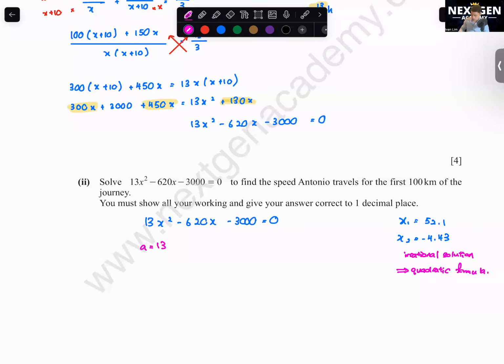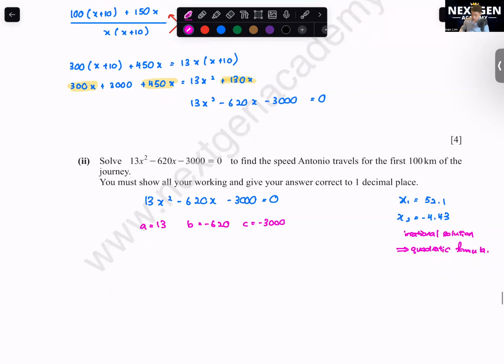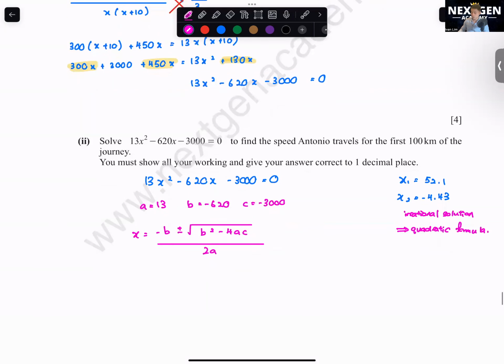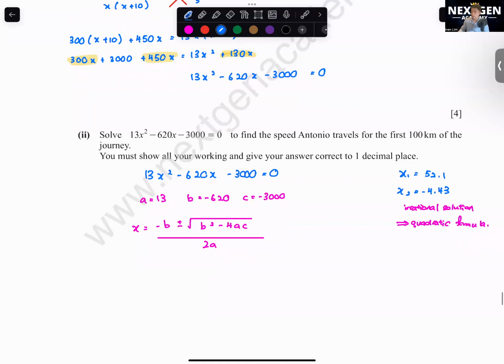A equals 13, B equals negative 620, C equals negative 3000. The value that we'll get is negative B plus minus square root of B squared minus 4AC, over 2A. We're going to put into this formula. Let's sub it in.